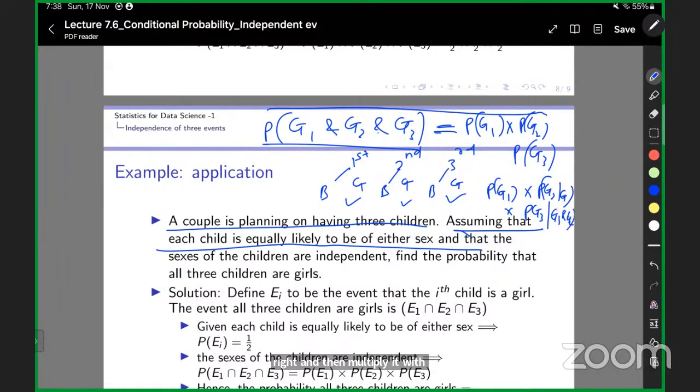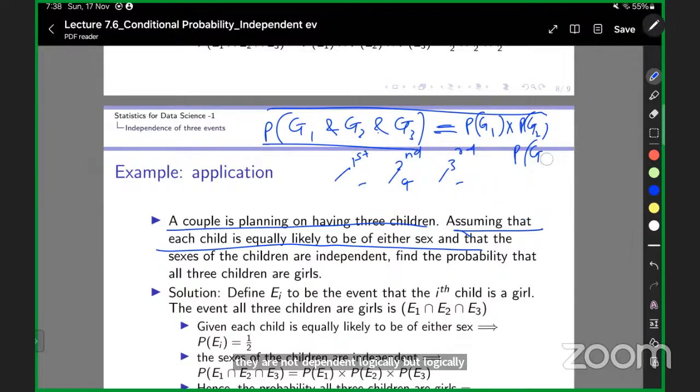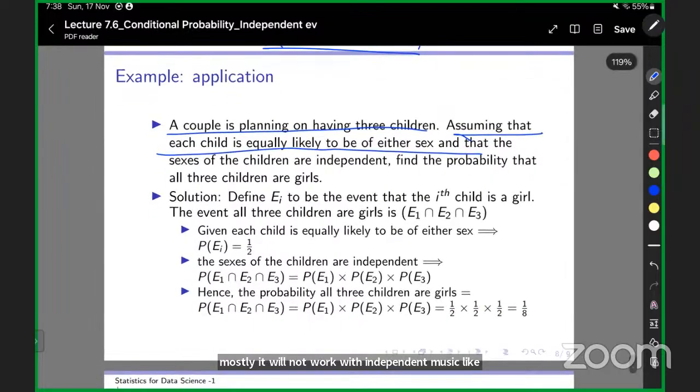But in this case I don't have to, because it's stated that they are independent. Having the first child, then the second, then the third, has nothing to do with each other. Logically they are not dependent, but mathematically, go with it and figure it out.